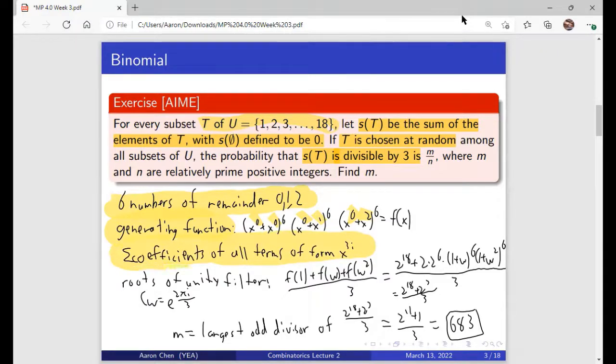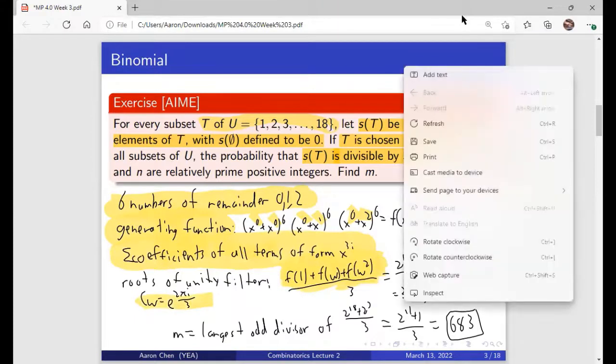Now what we can do next is apply the roots of unity filter. For the case of 3, it's simply finding the sum of f of 1 plus f of omega plus f of omega squared, where omega is equal to e to the 2 pi i over 3.